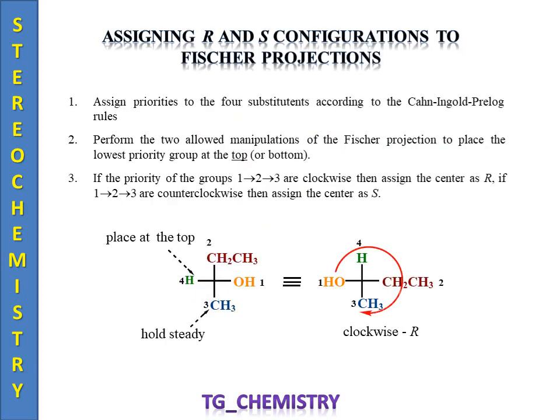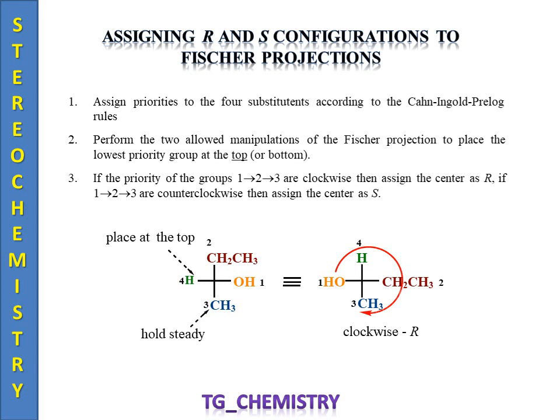Now, how to assign the R and S configurations to the Fischer projections? The rule says that we need to assign the priorities to the four substituents according to the Cahn-Ingold-Prelog rules, the CIP rule. So this is the first thing we need to do in all cases. Whatever you do for the configuration assignment, you need to do that.